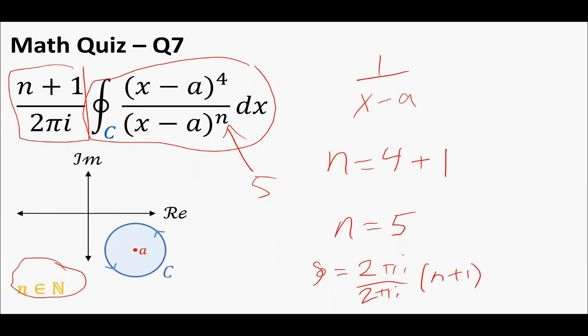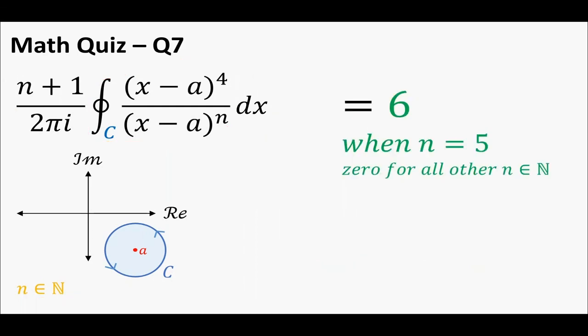Well, we know that n is 5, so we're going to say that this is 6 when n is equal to 5. So let's see if I'm right here. Equals 6 when n is equal to 5, and 0 for all other n in the natural numbers. Great, we're doing good.